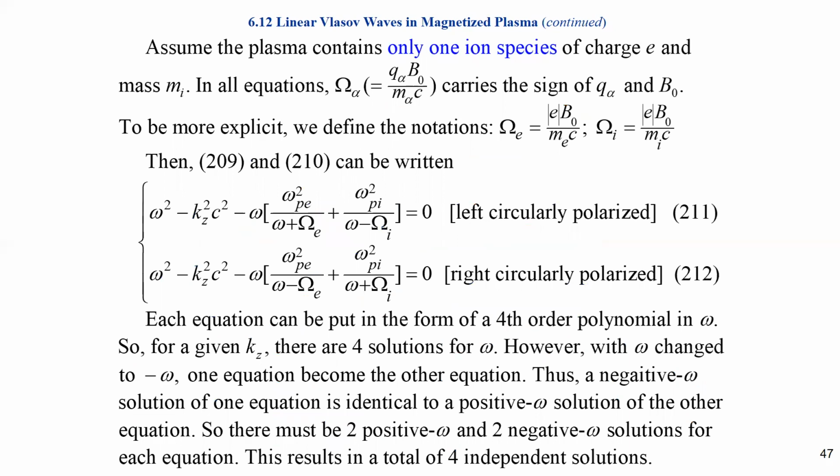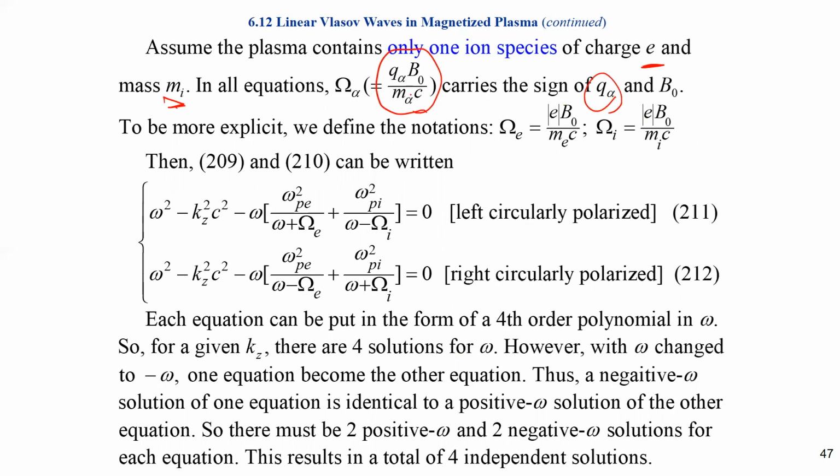Assume the plasma contains only one ion species, just one, not two. The ion species has charge e and mass M_i. In all the equations, the difference is that the charge e carries a sign in Q_alpha.